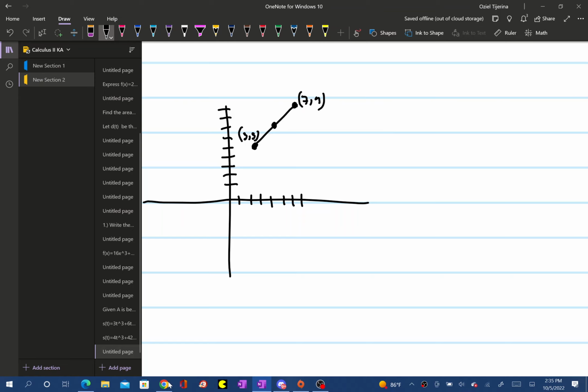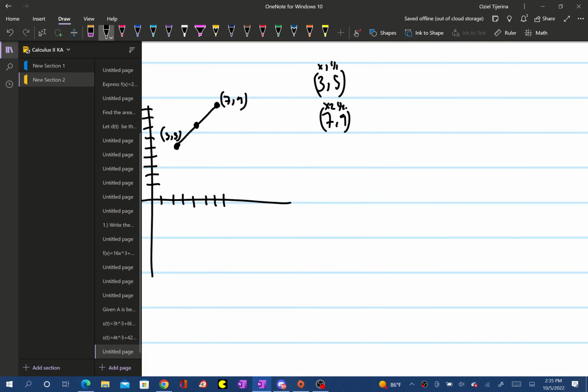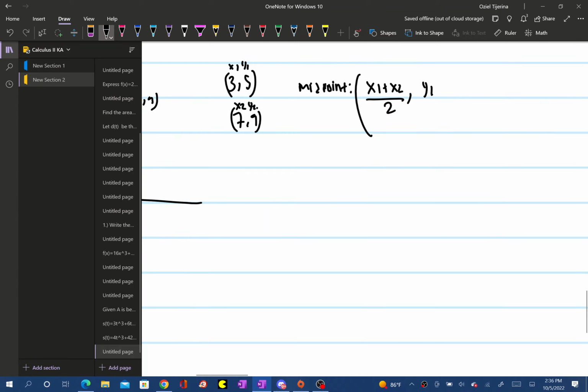So if we let 3, 5 be x1, y1, and 7, 9 be x2, y2, then the midpoint will be x1 plus x2 over 2, comma, y1 plus y2 over 2. Or you can also say x2 plus x1 over 2, comma, y2 plus y1 over 2.